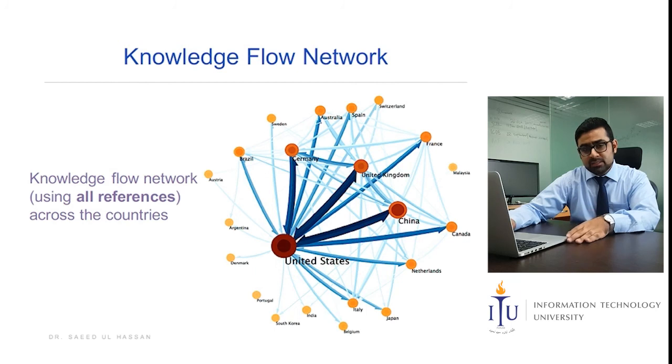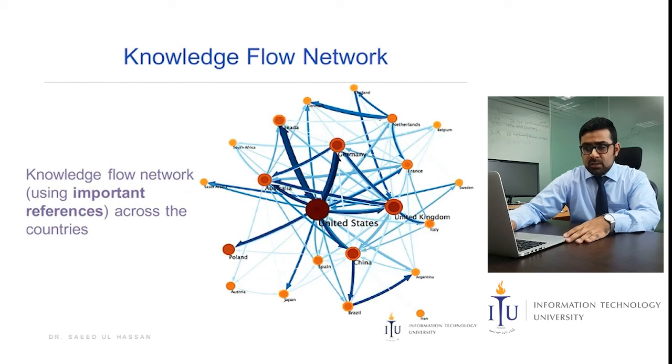To interpret this map, the darker you are in the circle, the more influential a country you become, and the arrow directs the citation from one country to another country, citations being made from one country to another. And for the United States, we see a lot of exchange between USA and China, USA and United Kingdom, similarly Germany, and USA with Netherlands and Canada as well.